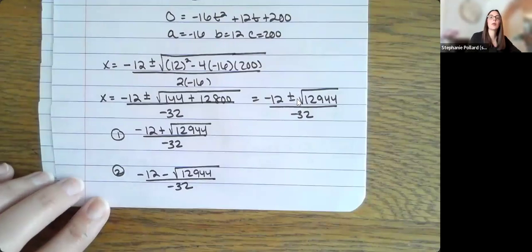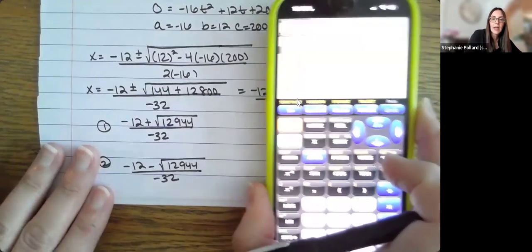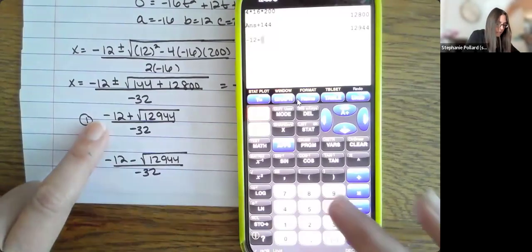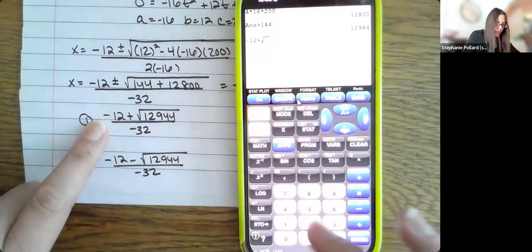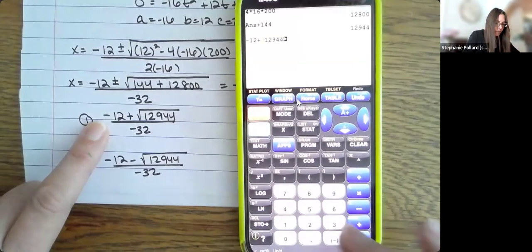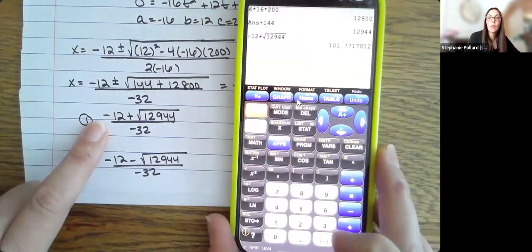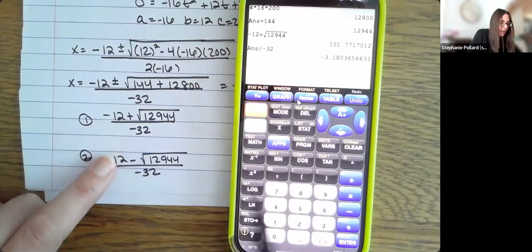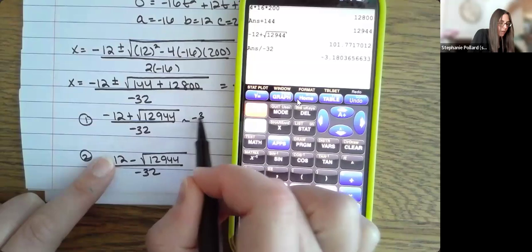Now I am going to go ahead and put these into my calculator, and I want to see what happens here. So first I have negative 12 plus the square root of 12,944. That gives me positive 101 about. And then I divide that by negative 32, and I get about negative 3.18.